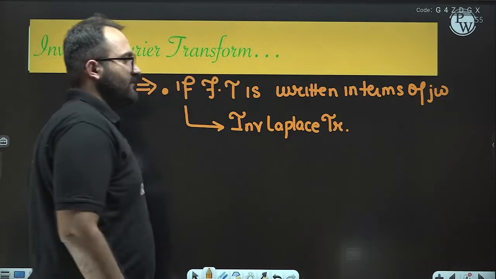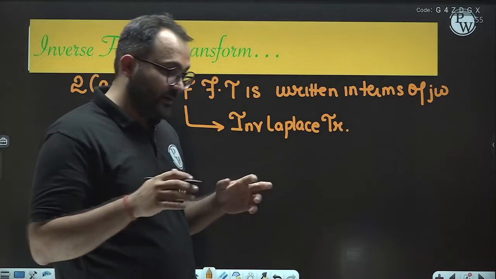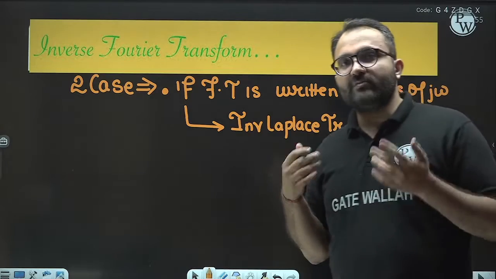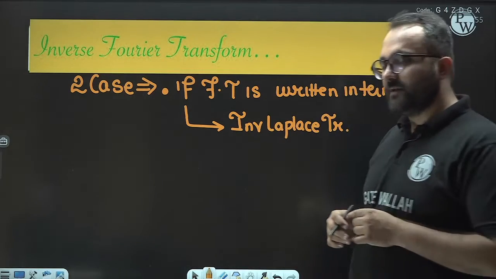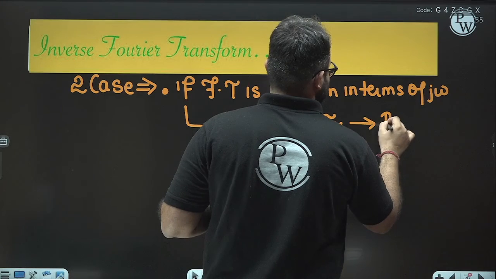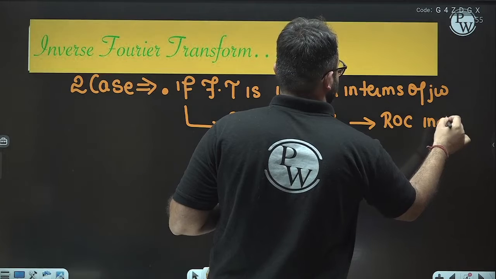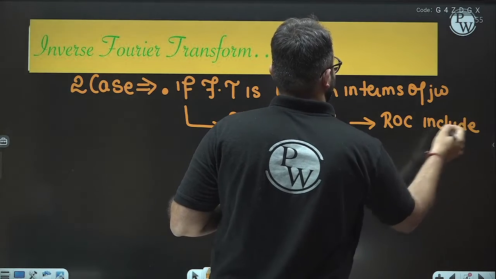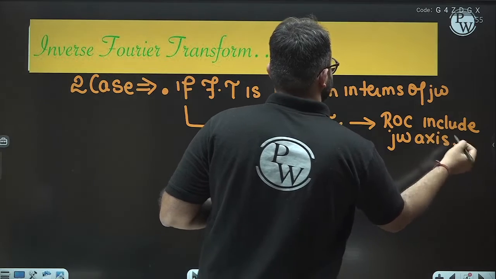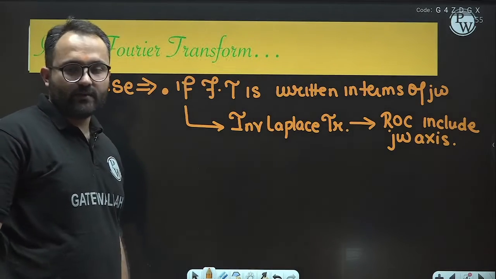We will find out the inverse keeping in mind that the ROC must include the j omega axis. So ROC must include the j omega axis, that is the requirement here.